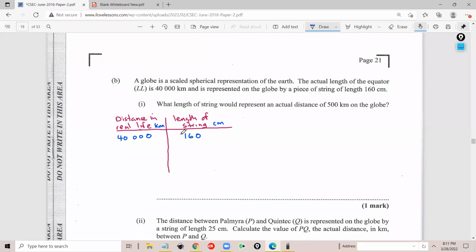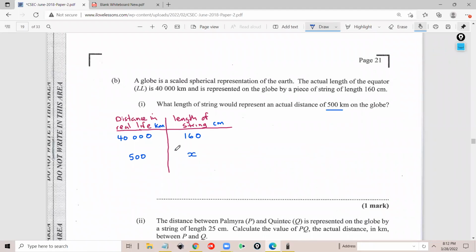So that's the ratio over here. Then they tell you that in real life, instead of 40,000 kilometers, you have 500 kilometers. So all the real life values in kilometers go in this column, and they want to know what length of string represents that.